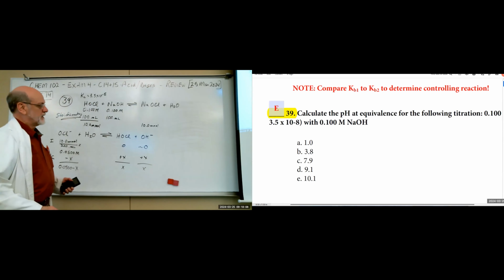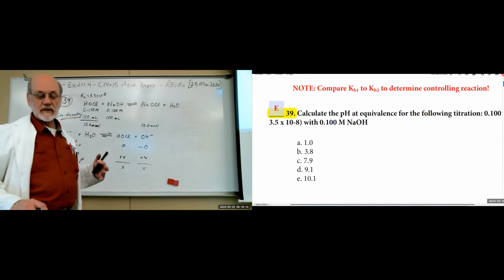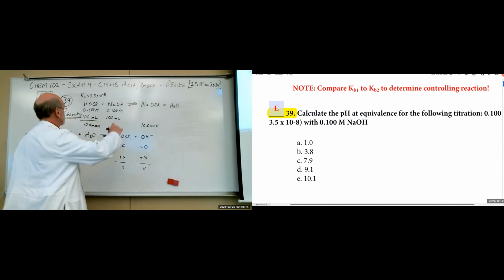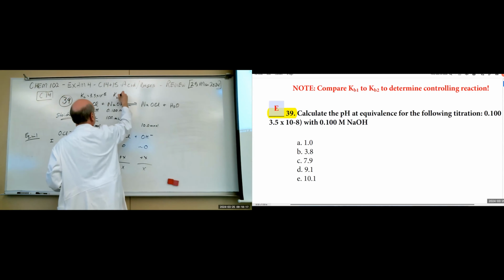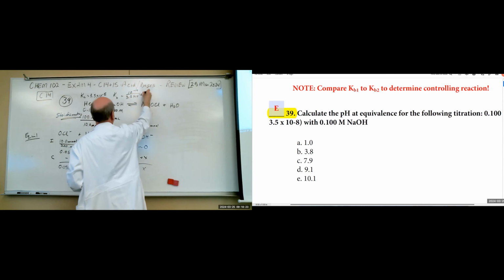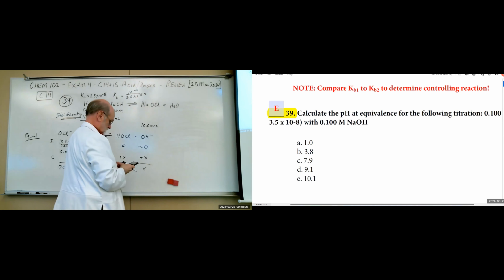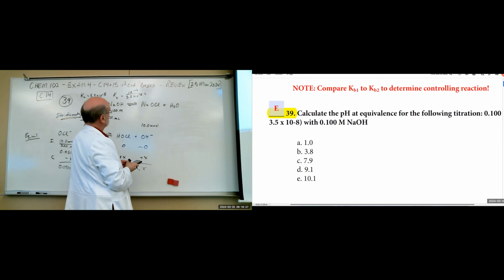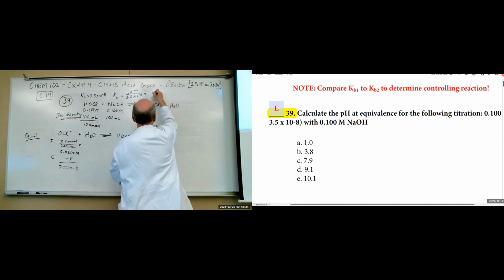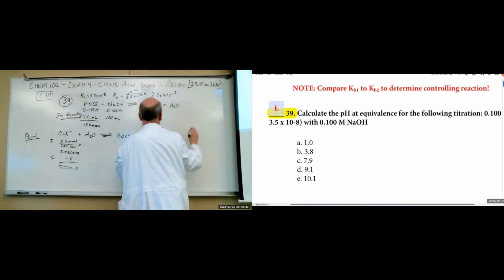Okay. So what we need to know is the Kb. We got the Ka. So the Kb is going to be equal to 10 to the minus 14 divided by 3.5 times 10 to the minus 8. So 1 exponent 14 and 3.5 exponent 8 is 2.86 times 10 to the minus 7.